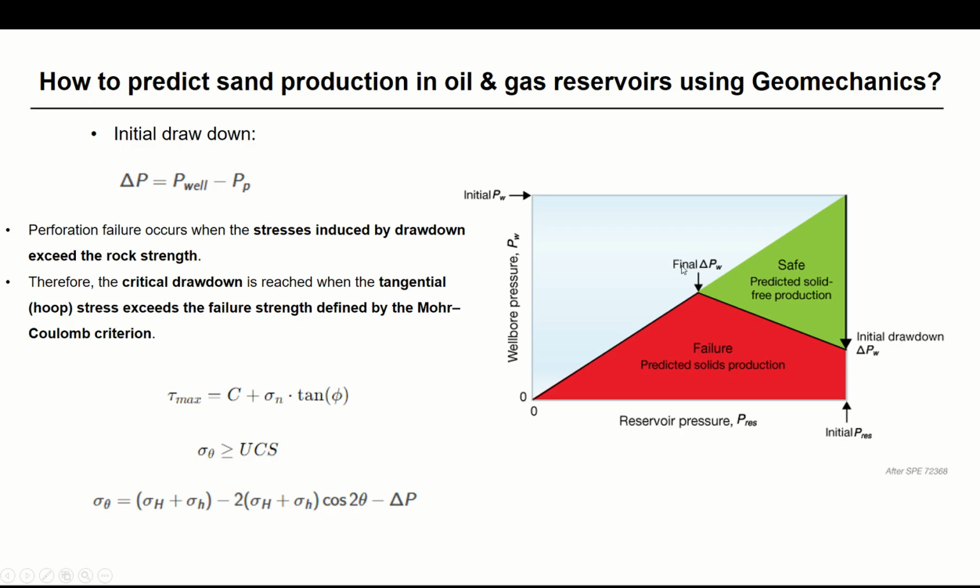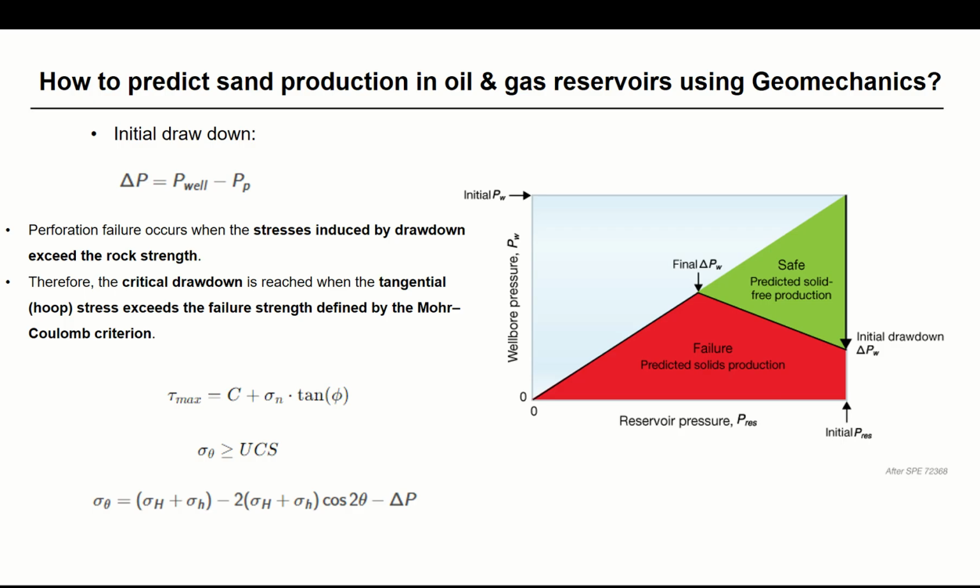What is the relationship between these two drawdowns? This is the limit between the safe, predicted solid-free production window and the failure or dangerous window of solid production. The relationship is based on what we call the UCS, which is the unconfined compressive strength.